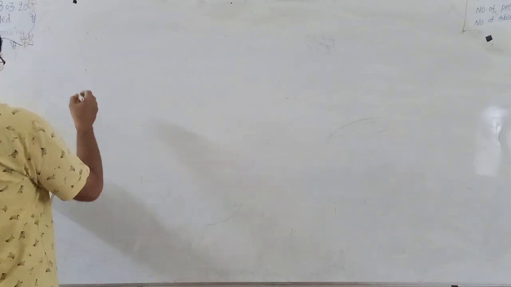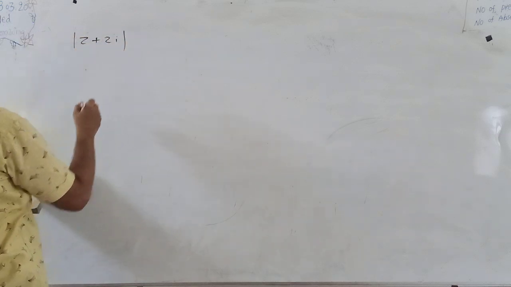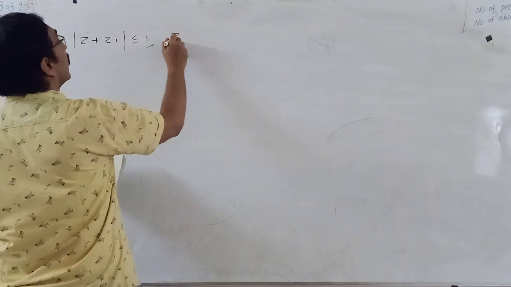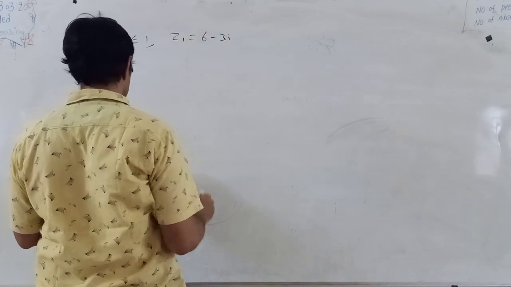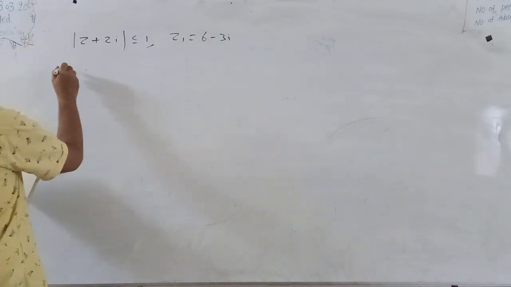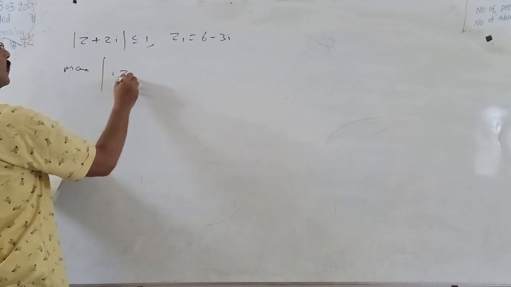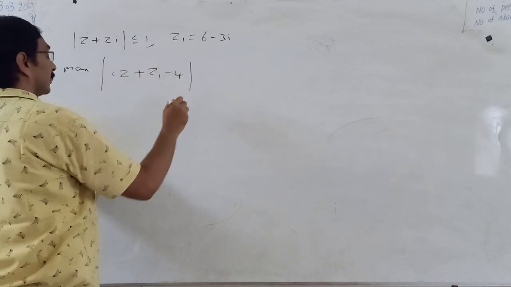See, 8th one: if modulus of z plus 2i is less than or equal to 1 and z1 equals 6 minus 3i, then find the maximum value of iz plus z1 minus 4.